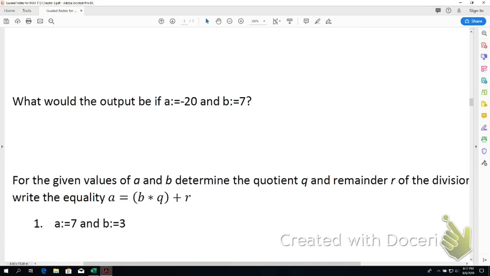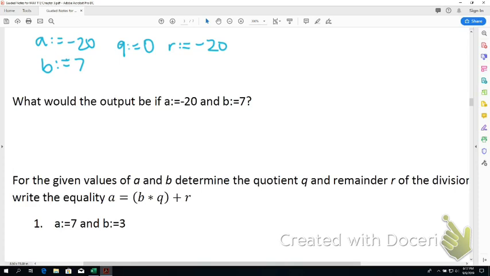So we have A is negative 20 and B is 7. The first step says we set Q to be 0, so Q is equal to 0. And then R is assigned to be A, which is negative 20.